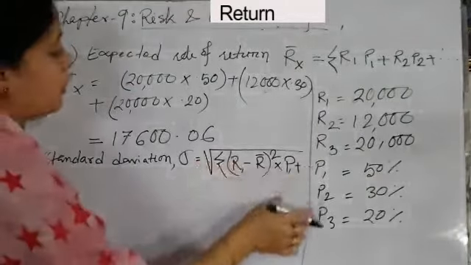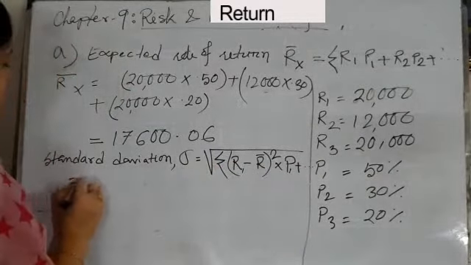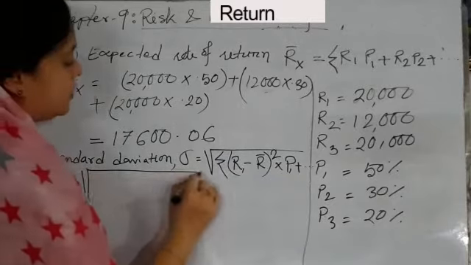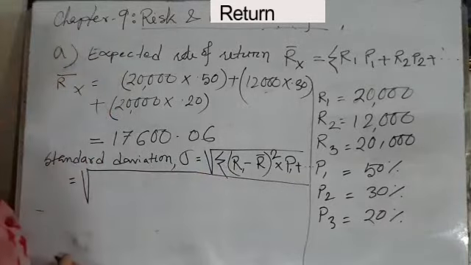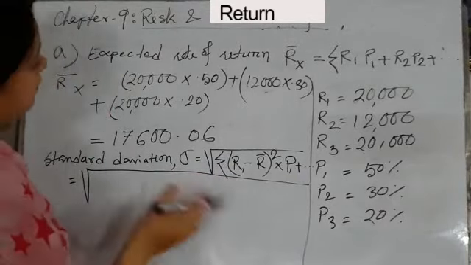Now I am putting all the values here. Root over, we have to write the root over first, otherwise we will forget it later.